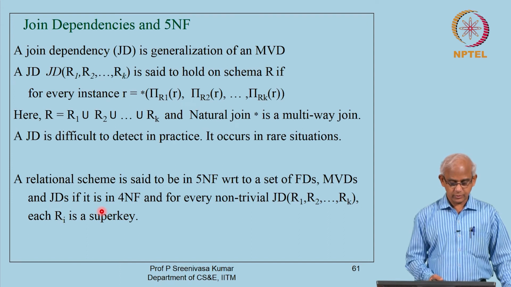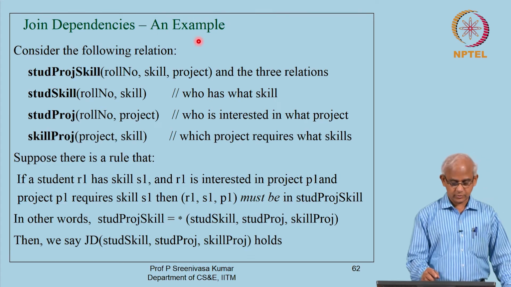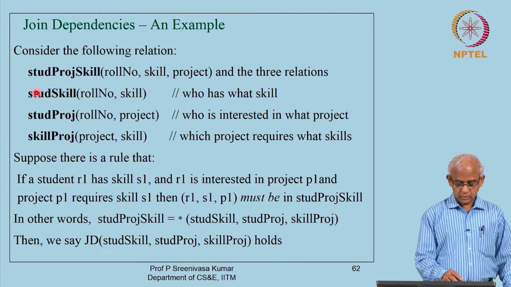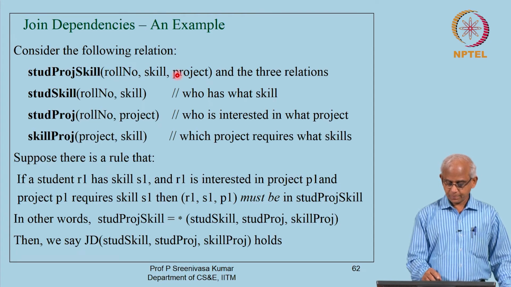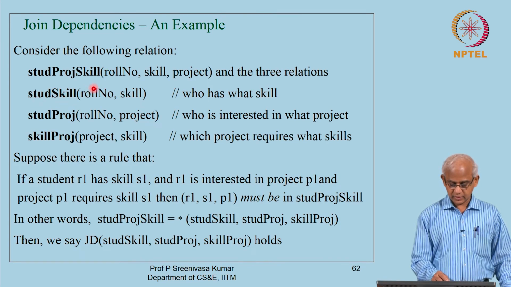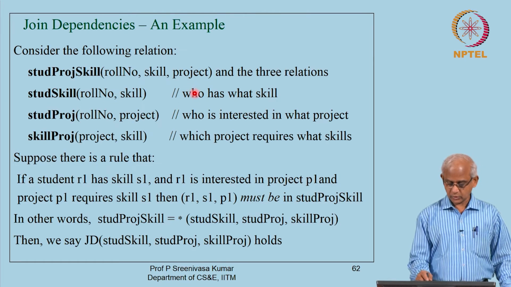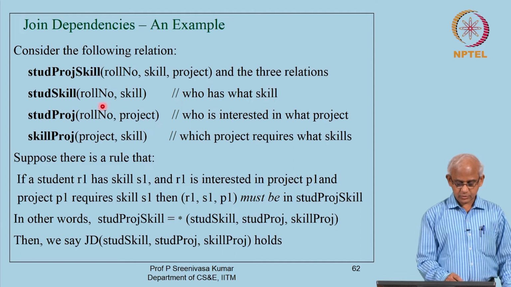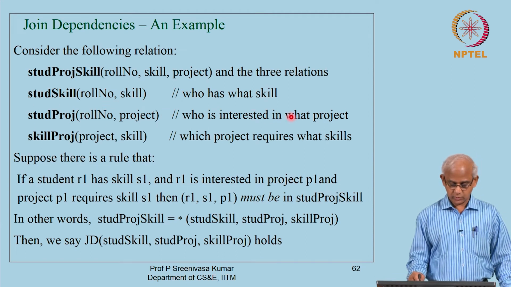Now, let me give you an example. So, consider this particular example situation. We have a relation called student project skill with three attributes: roll number, skill and project, and then three relations called student skill with roll number and skill, which basically records who has what skill, and then student project indicating who is interested in what project.